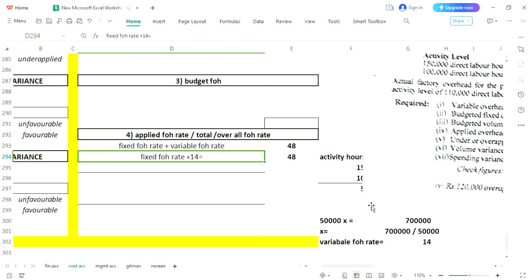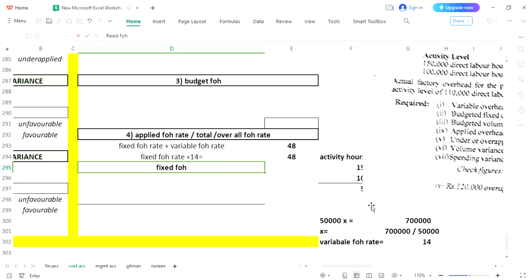Here you can see 14 is being added to fixed FH on left side of the equal sign. When you take 14 to the right side of the statement, 14 will be subtracted. 14 at left side is plus. When you take 14 to the right side, it would be subtracted, with which you can calculate your fixed FH rate here with a little twist.